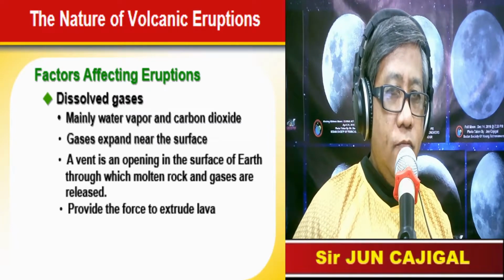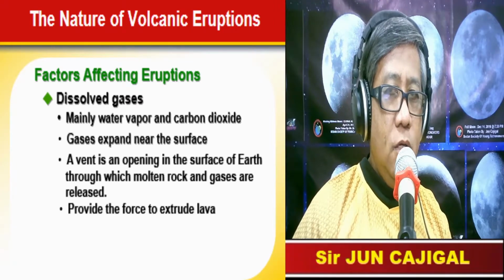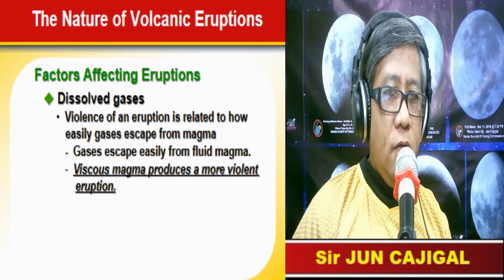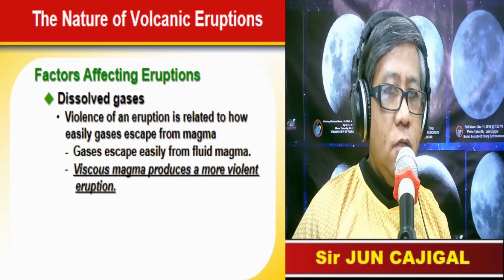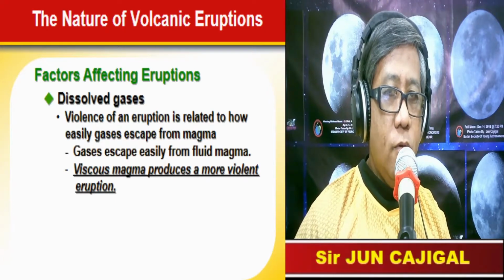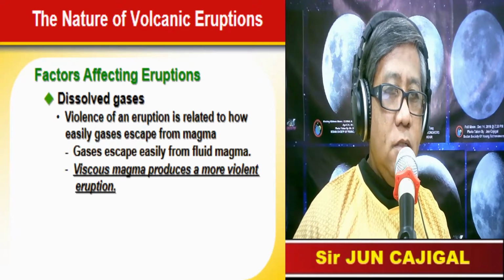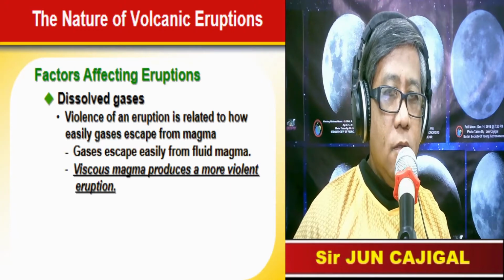Now, what does viscosity and dissolved gases got to do with the violence of an eruption? Now, the violence of an eruption is related to how easily gases escape from magma. Now, here is the general rule that gases escape easily from fluid magma.